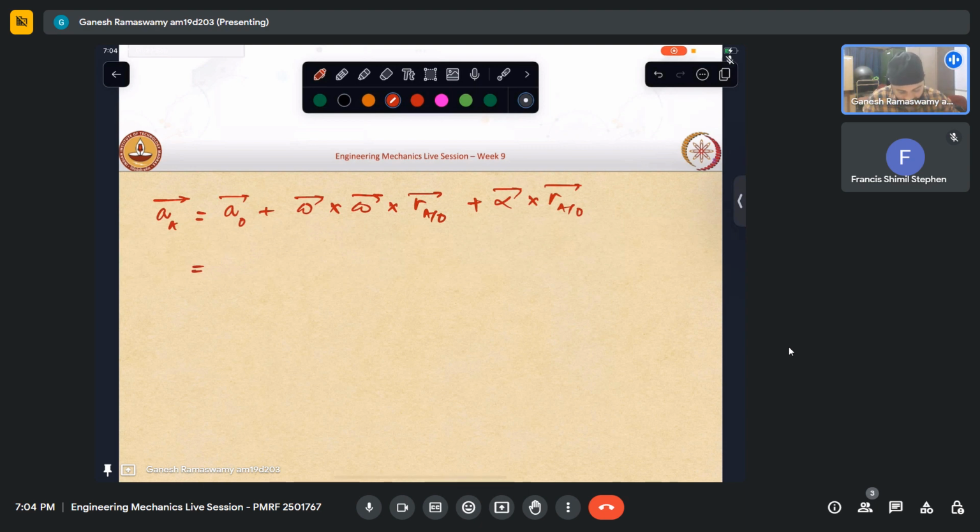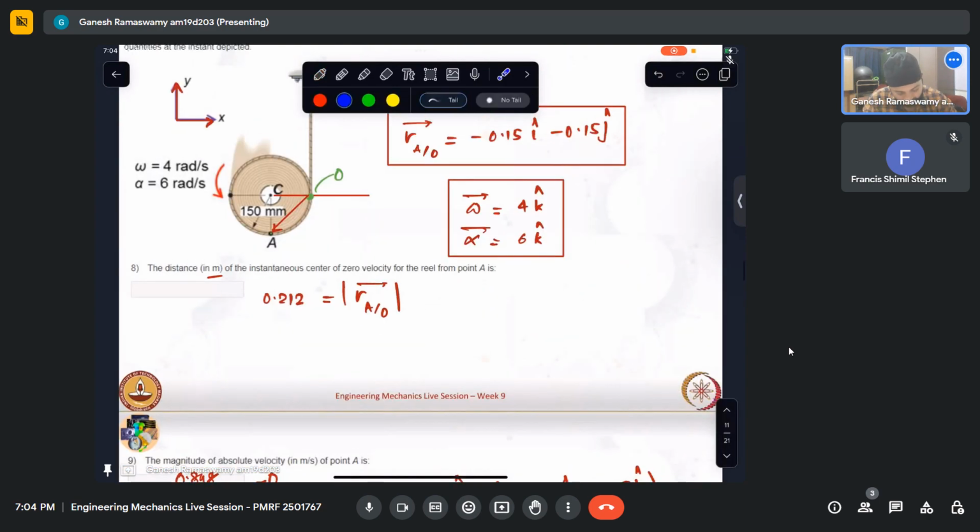So I know what this is. It is my 4k cross 4k cross 0.15 i, because this will be my vector. So omega squared R will actually give me a centripetal acceleration pointing that way. I'm just writing it in vector form.